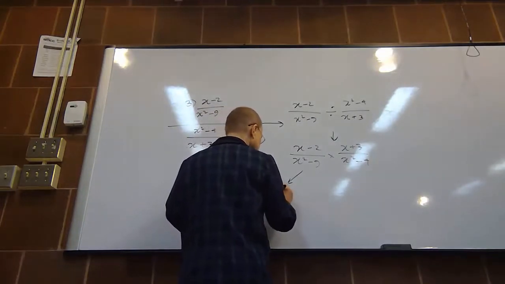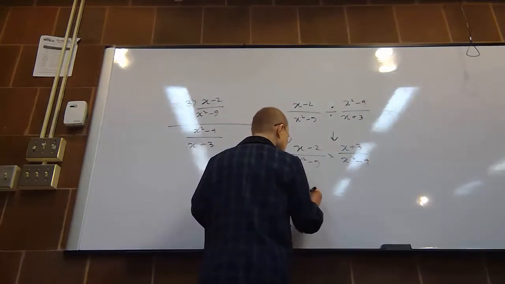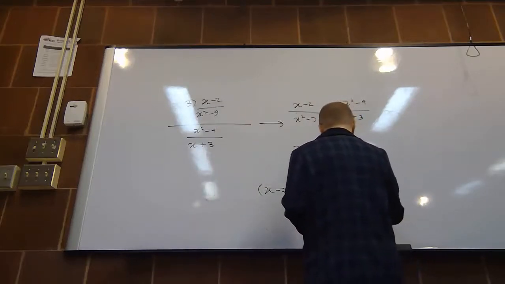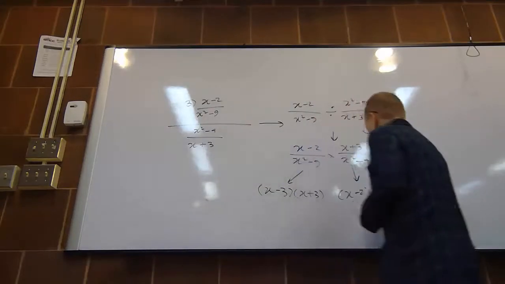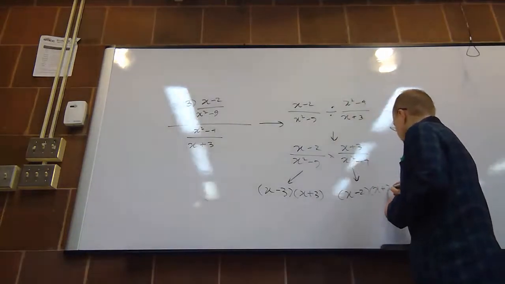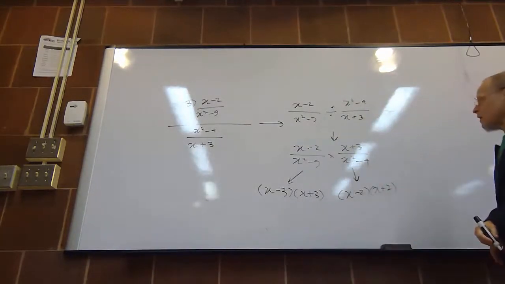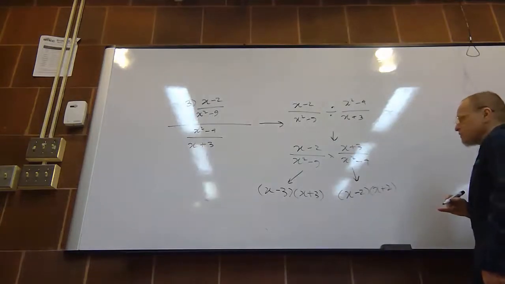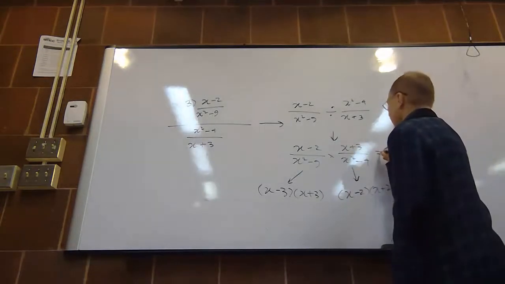So we have x minus 3, x plus 3, and then of course there is this one, x minus 2, x plus 2. So now we want to rewrite this whole thing so that we can start simplifying, and that's what we do.